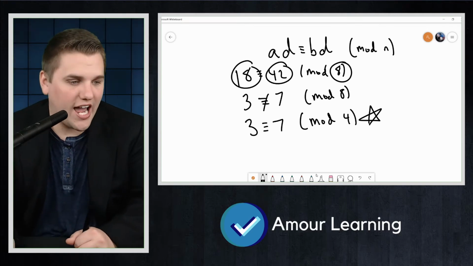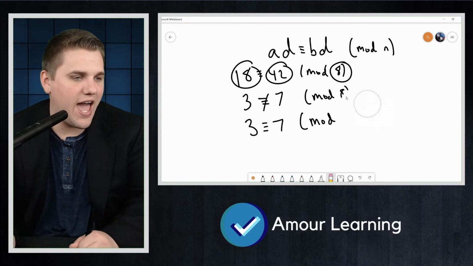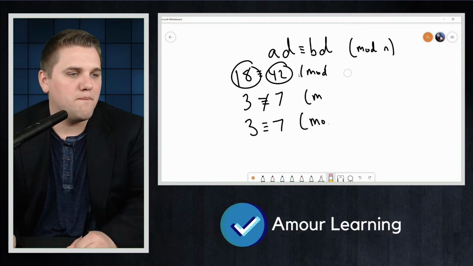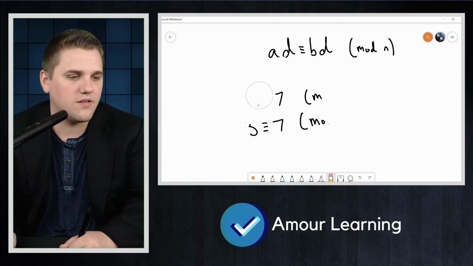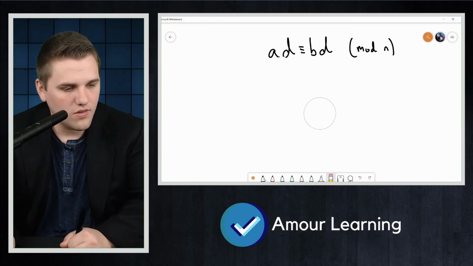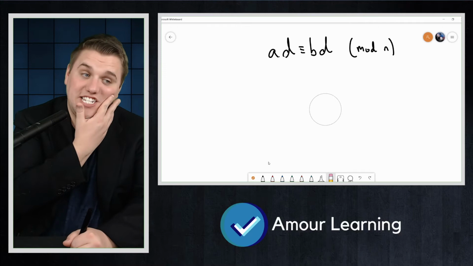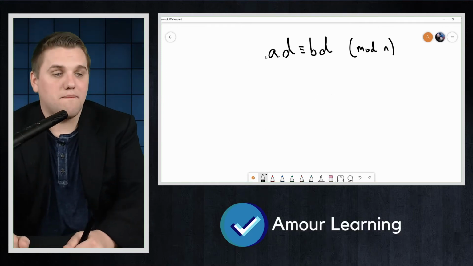Well, let's actually check. Suppose we have AD congruent to BD, and let's try to actually solve this by hand. Well, what does it mean for AD to equal BD mod n?